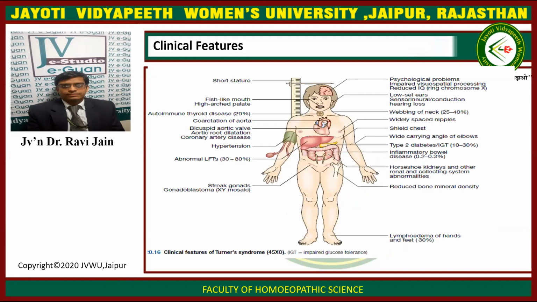So these are the clinical features of Turner syndrome, that is 45XO, which consist of short stature, fish-like mouth, high arched palate, autoimmune thyroid disease in 20% of the cases, coarctation of the aorta, bicuspid aortic valve, aortic root dilatation, coronary artery disease, hypertension, abnormal liver function tests in 30 to 80%, streak gonads, gonadoblastoma.